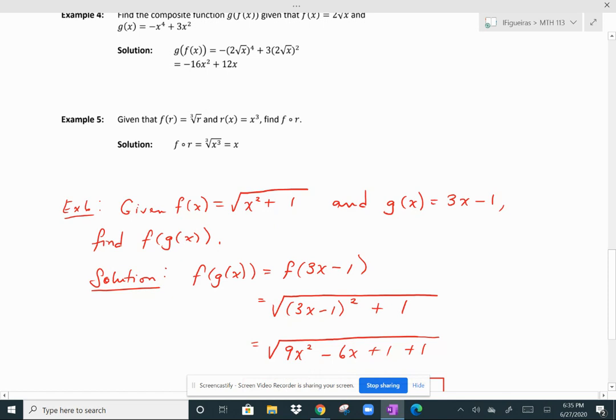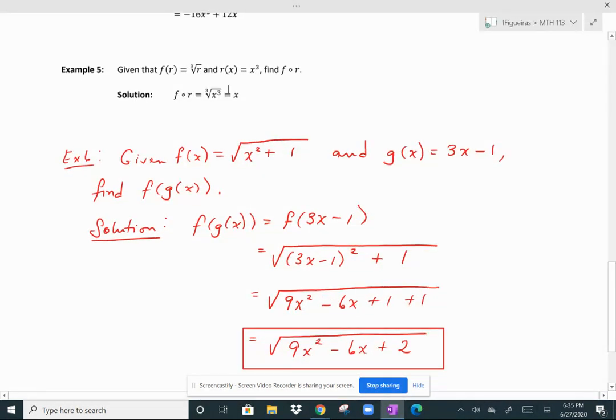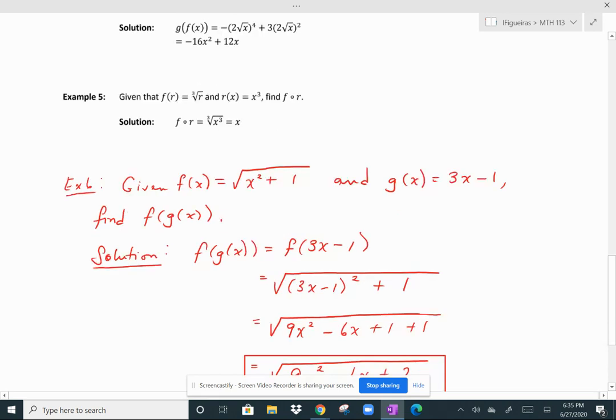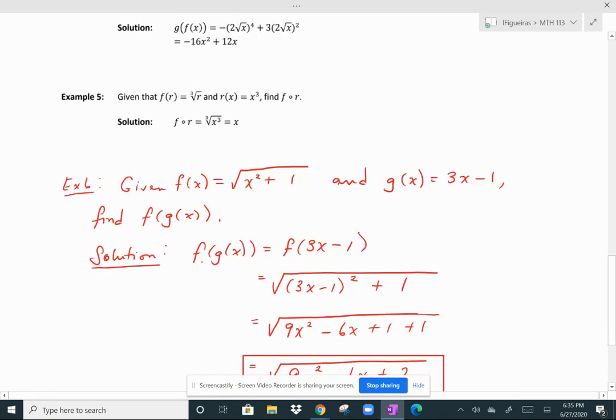So here's a couple more examples. Suppose I have f of x equal to the square root of x squared plus 1, and g of x is 3x minus 1. And suppose you're asked to find f of g of x. That means that g of x is the input for f. So g of x is 3x minus 1, and now 3x minus 1 has to get substituted in here where your x is, because f of x is the square root of x squared plus 1.